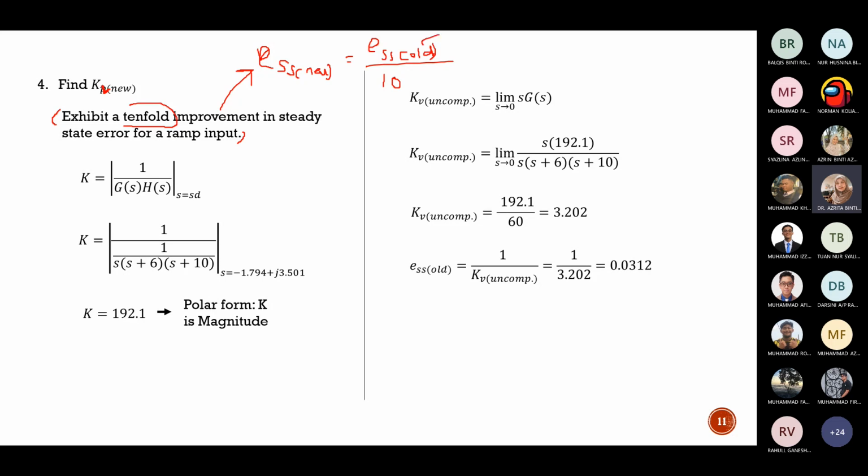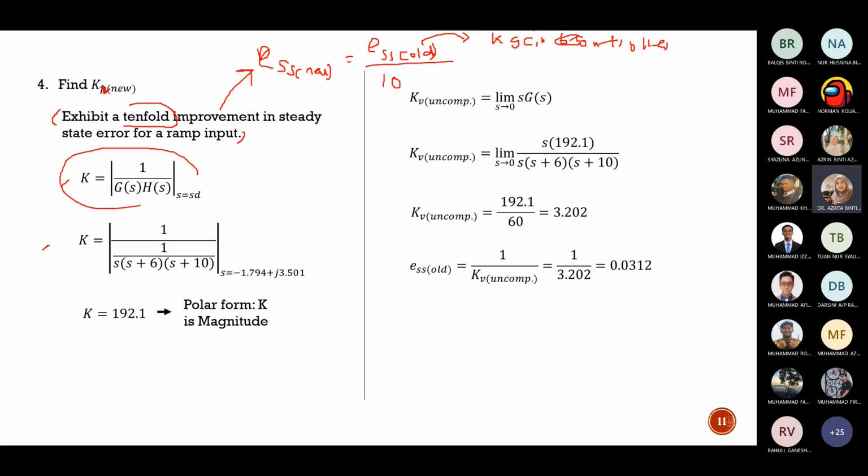So all ESS here still refers to the K gain controller. So please don't get confused. So all ESS here refers to the K gain controller, and that means we need to find the K gain controller first.